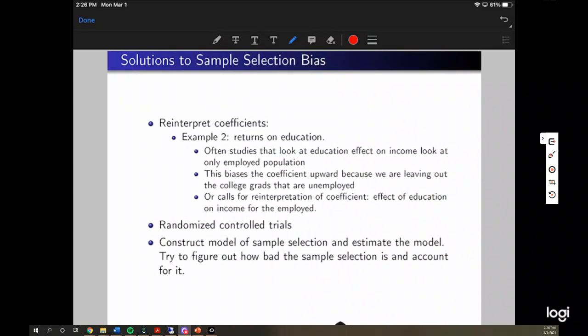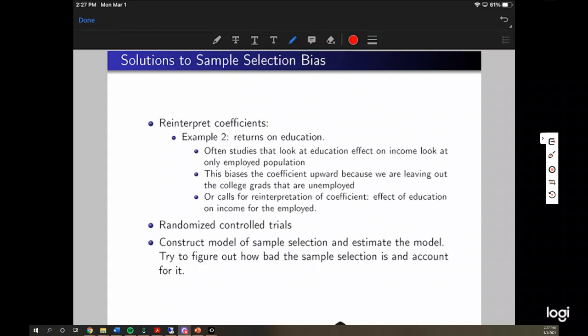The solutions to the sample selection bias problem are as follows. We could reinterpret our coefficients. Example number 2, we had returns on education. Often studies that look at the effect of education on income look at only the employed population. And this biases the coefficients upwards because we are leaving out the college grads that are unemployed.